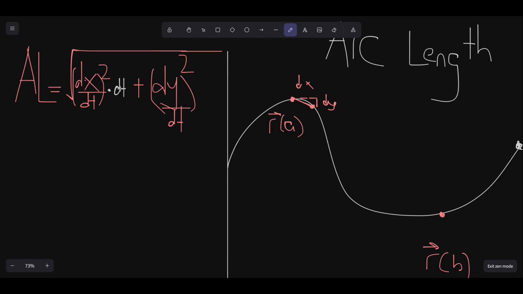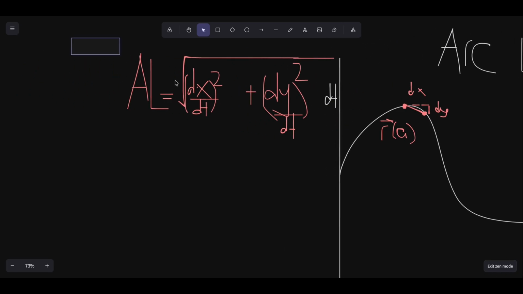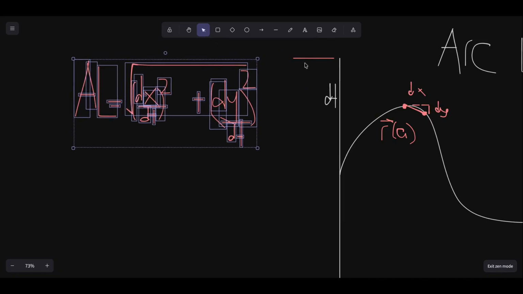Notice how I can factor out a dt squared, and the square root of dt squared just gives me dt. So all of this is just going to be dx over dt squared plus dy over dt squared, multiplied by dt, and this dt is on the outside of this square root.